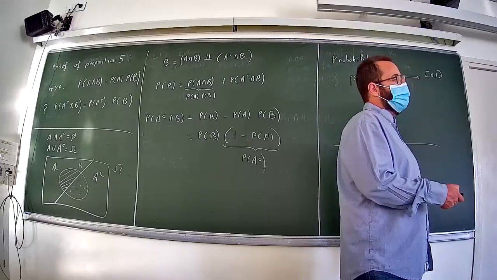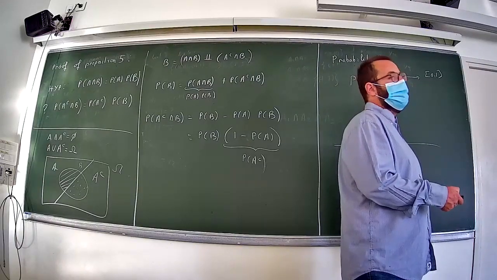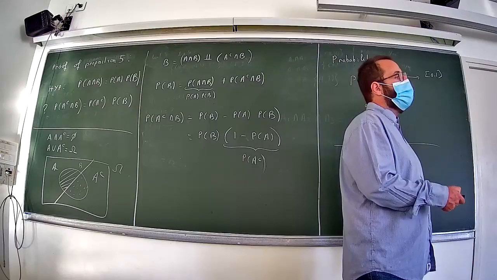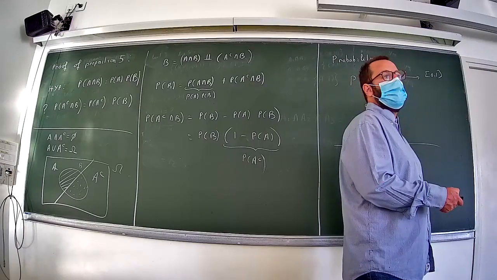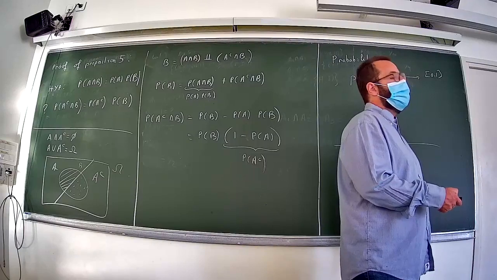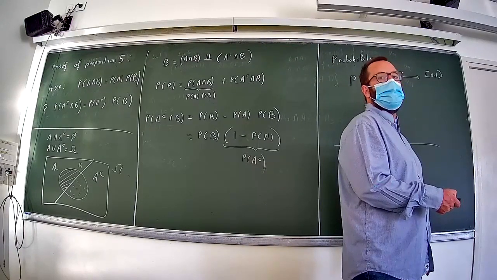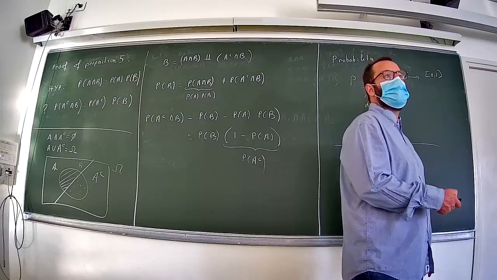I am able to compute the probability of omega because omega is in the set of definition. If I am able to compute the probability of A, I will be able to compute the probability of the complementary. If I have a sequence of sets for which I am able to compute the probability, I will be able to compute the probability of the union and the probability of the intersection. This way. Okay?